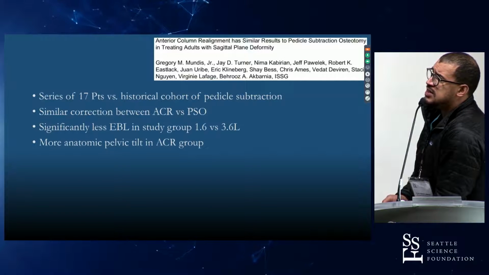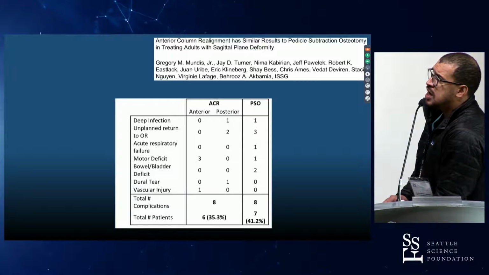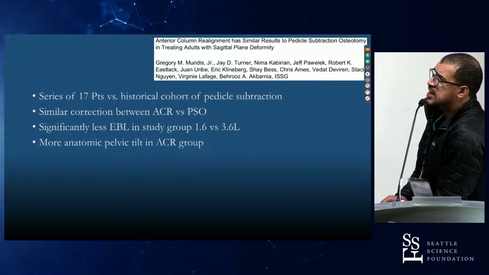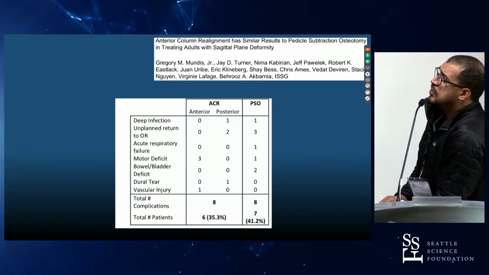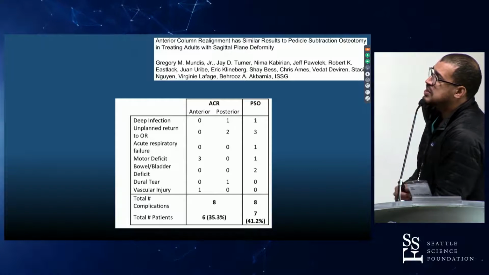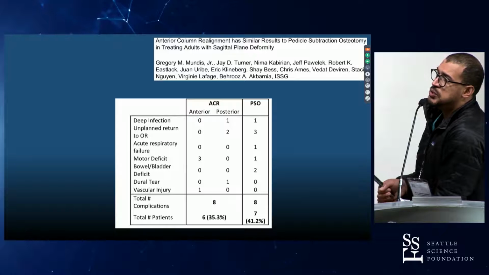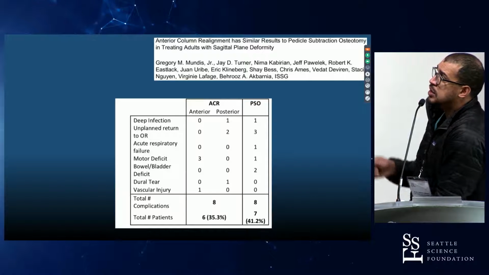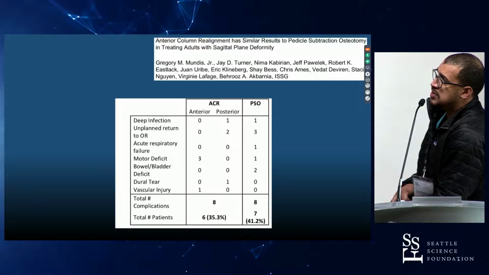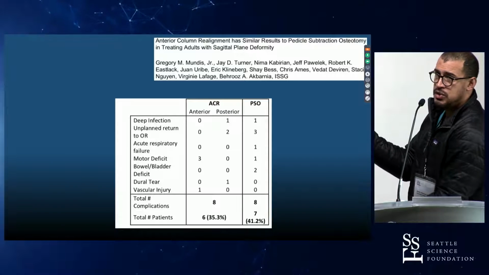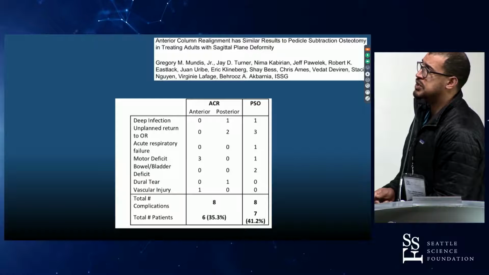And we see that in the significantly less blood loss, but actually they said in this cohort that there was no difference between the number of infections or the number of complications. Obviously, infection is something that didn't happen much in this cohort, much more common in posterior approaches.